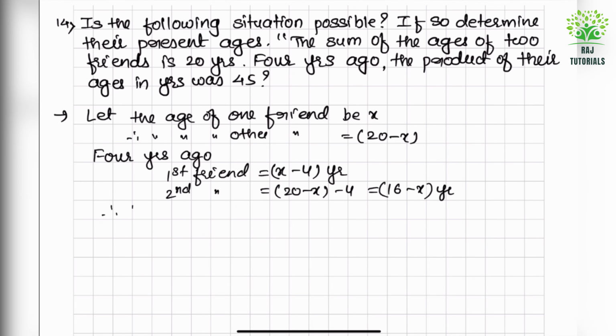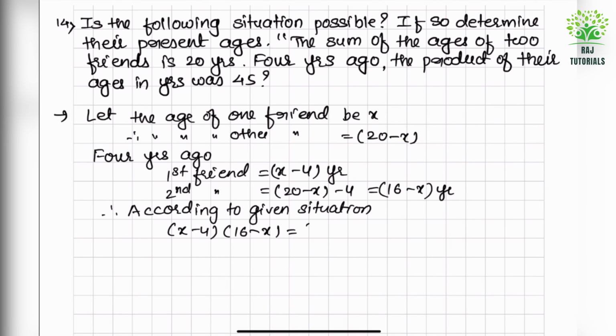So according to the given situation, x minus 4 into 16 minus x equals 45. Therefore, 16x minus x square minus 64 plus 4x equals 45.